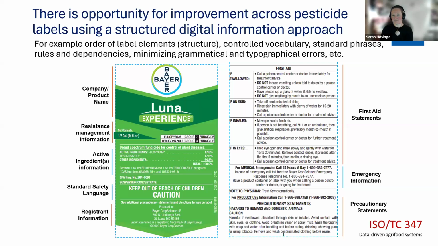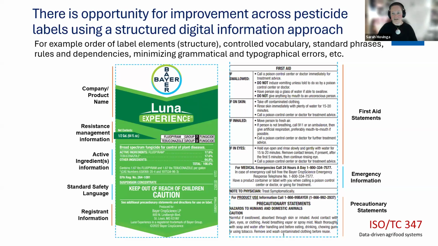I mentioned product A compared to product B. You might have the brand, the active ingredient, some of the safety information in different spots, but because it's required by law, at least all pesticide products have this.